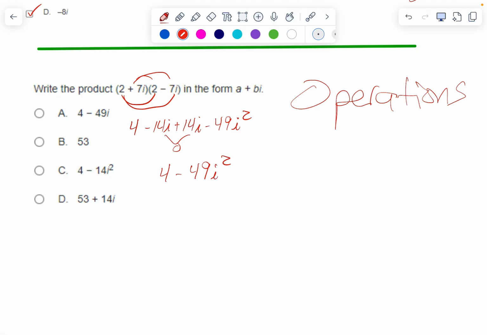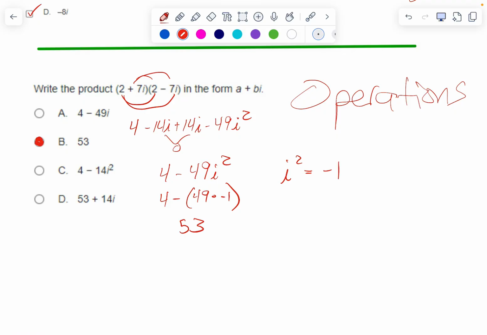What is i squared? Okay, so this is 4 minus, and then 49 times negative 1. I'm putting that in parentheses so we can keep track of the signs a little bit better. And so that's 53. Now I feel like we've had that version before of some sort.